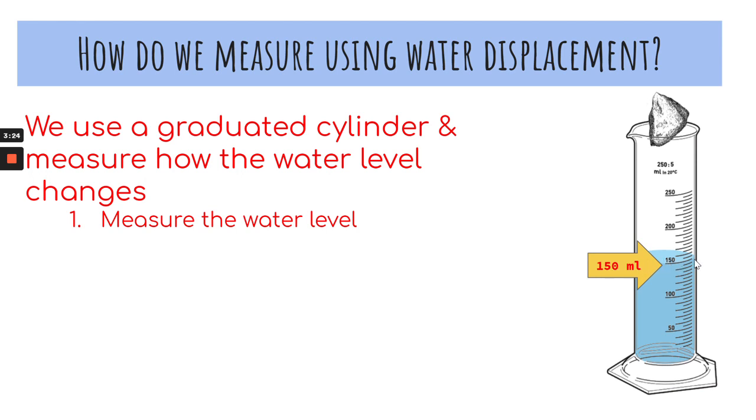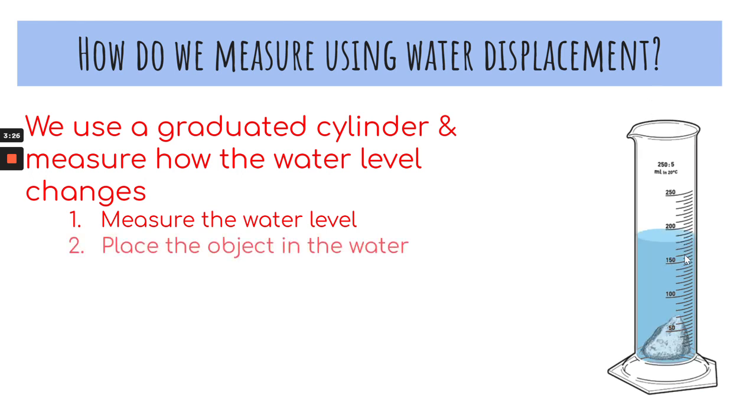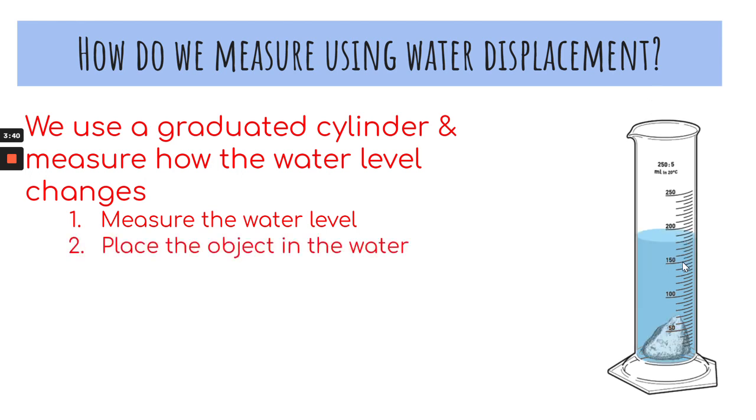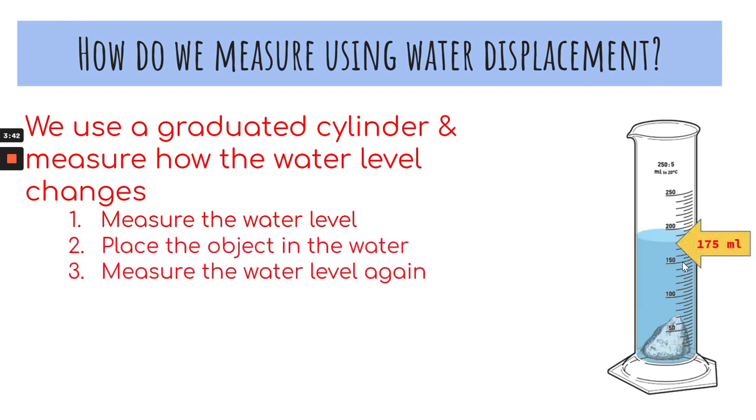Next, you place the object in the water. Because that object takes up space, it's going to move the water up. So let's look at that again. Beforehand, it was at 150, and watch, the water moves up. Okay, so now you measure the new water level, and that's 175 milliliters.